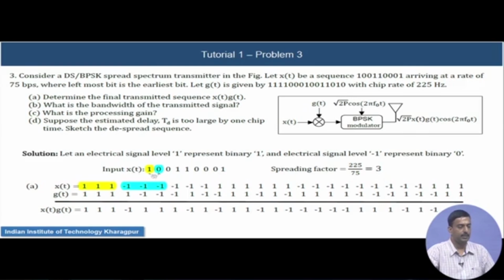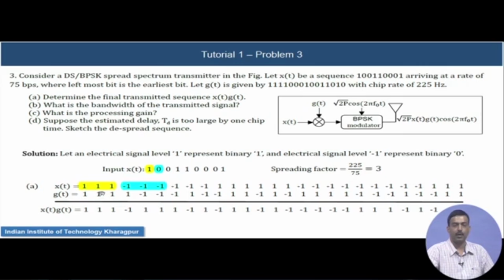Essentially what it means is that for every 3 bits of the pseudorandom sequence, we have the same input data. As you can see, the leftmost bit, which is also the earliest bit, which is 1, is basically multiplied with the first 3 pseudorandom sequence.